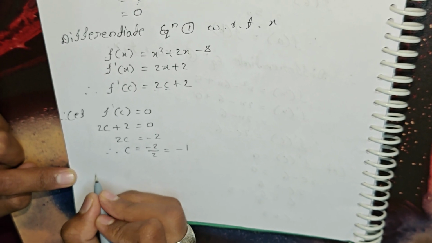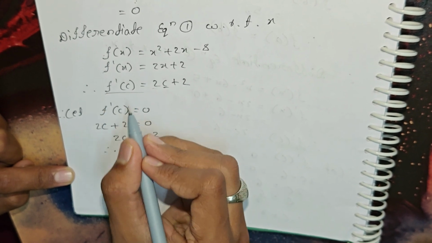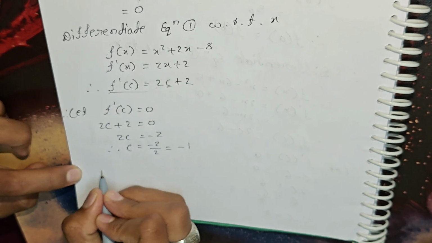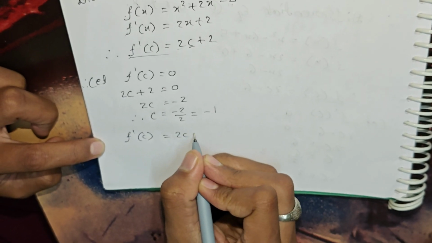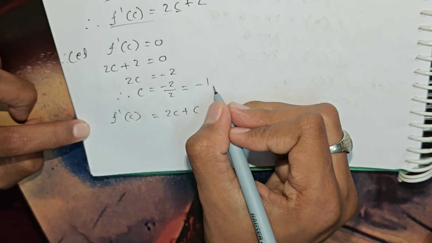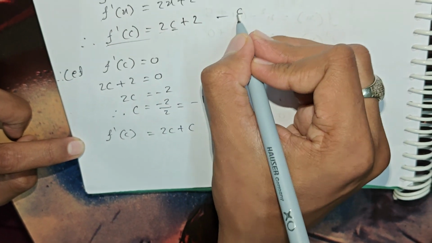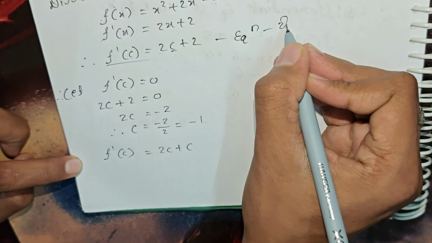Then how do we get this f dash of c value? F dash of c is equal to 2c plus 2. Now put the value of c in equation 2.